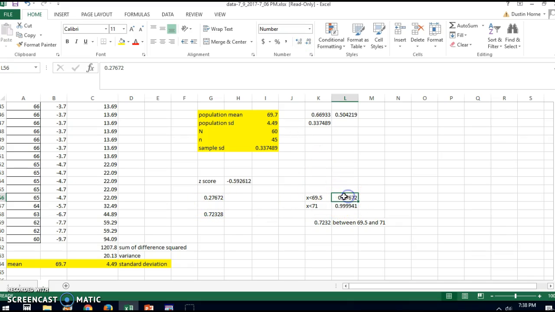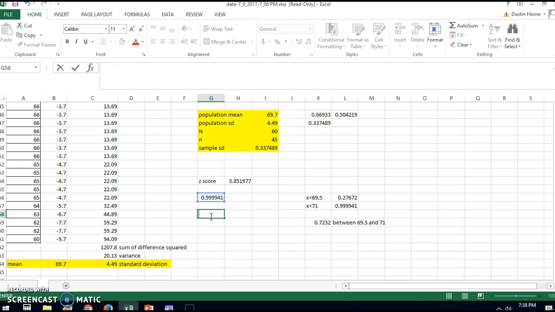Let's remember that number. Now let's change it and do the probability of 71. And this time we get 0.999941.